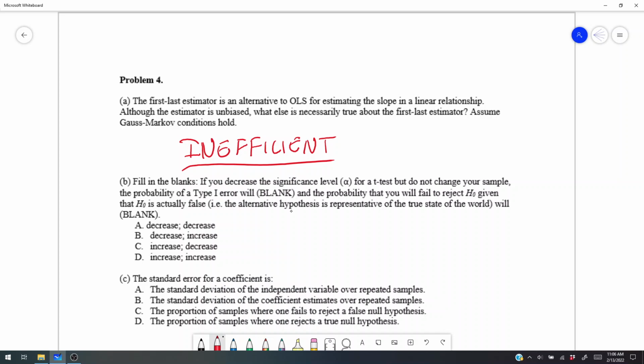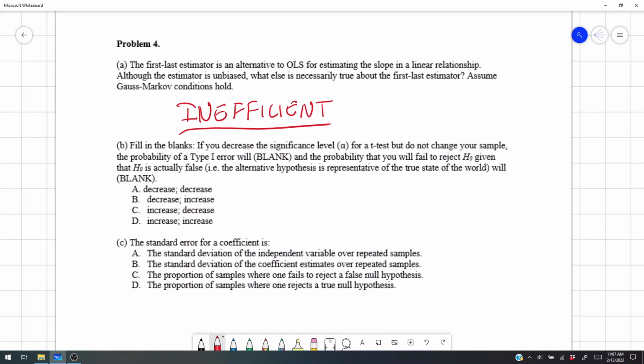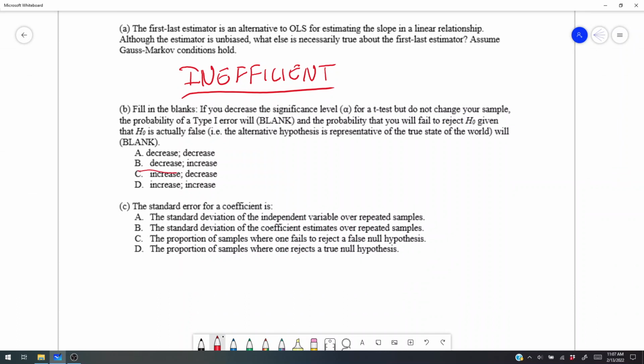We call that a type 2 error. You fail to reject the null hypothesis even though it is false. All right, alpha goes to 0. I am going to make a type 1 error less and less. It stands to reason that I will make the other type of error more. Decrease, increase.